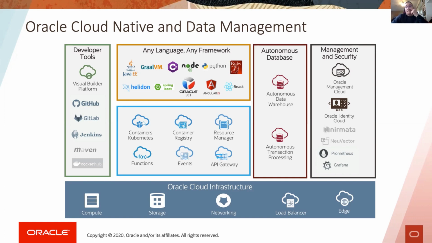In addition, you have an autonomous database and then the management and security. We don't restrict users to one or two programming languages only. You have the choice to use any programming language like Java, JavaScript, Node, Python, Ruby, Go, whatever is in your wheelhouse and your language of choice.